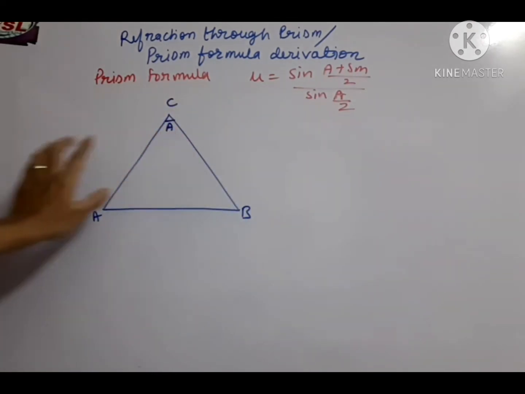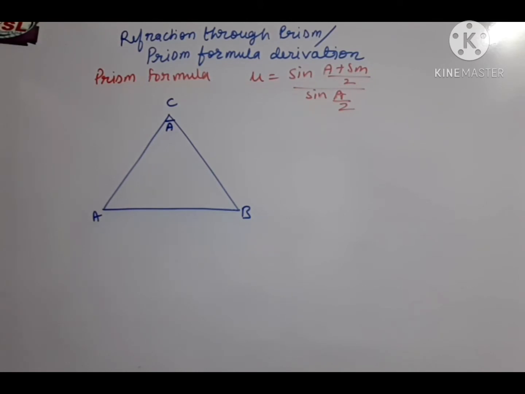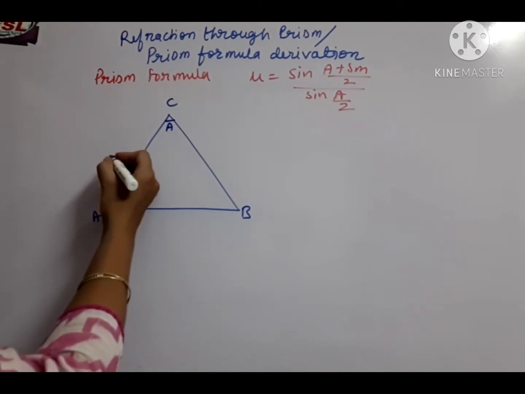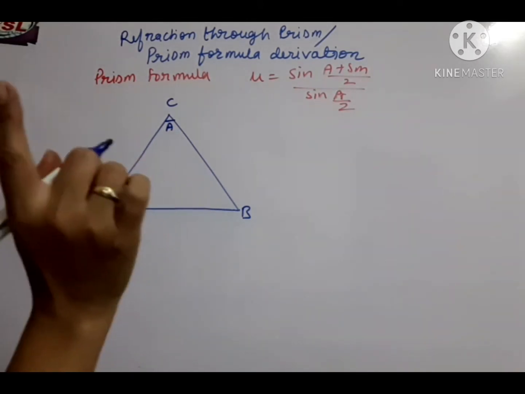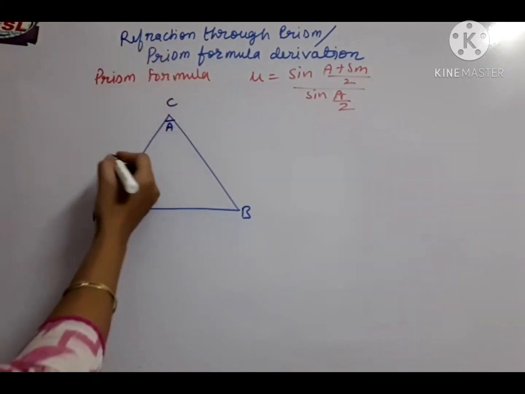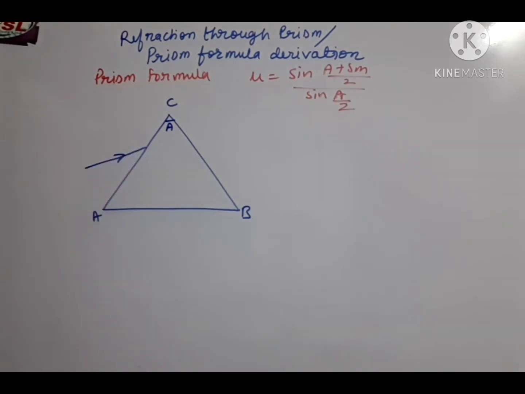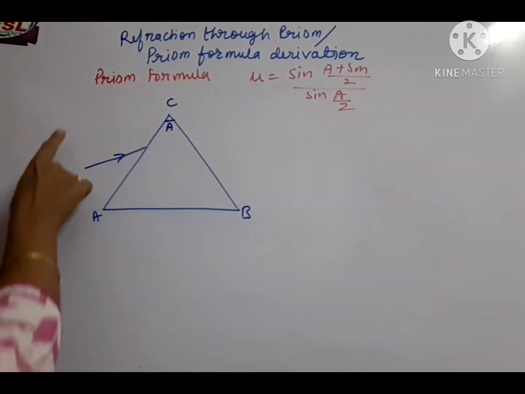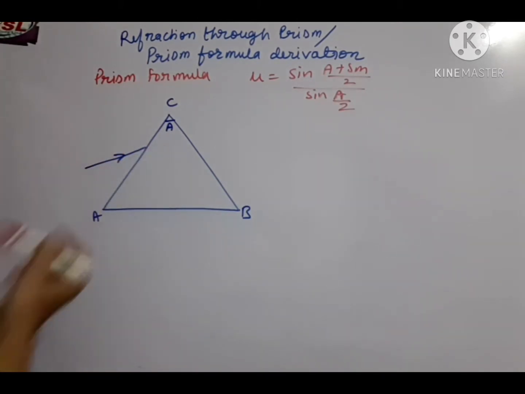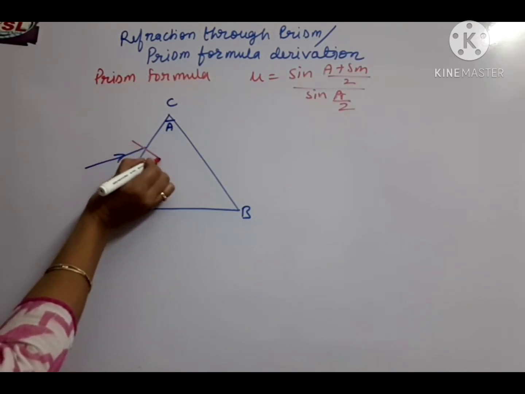Let us start the prism formula derivation. For that we need to draw a single color light and show its refraction. Suppose this is the light which is incident on the prism. Now we are going from air to glass, so we need a normal first.